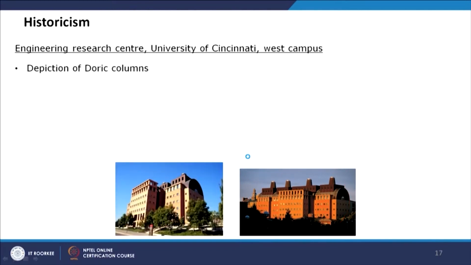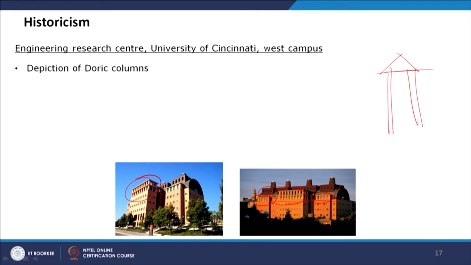This historic depiction is through Doric columns on top of the building. There are a lot of Doric columns added on the different facades of the building, depicted in a changed form. In classicism, when we look at Doric columns, they're proper Doric columns, acting as a column and holding a pediment. But in historicism, these are freestanding columns on top of this main building.